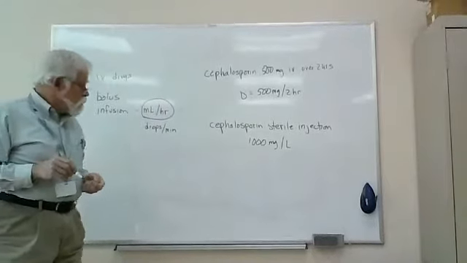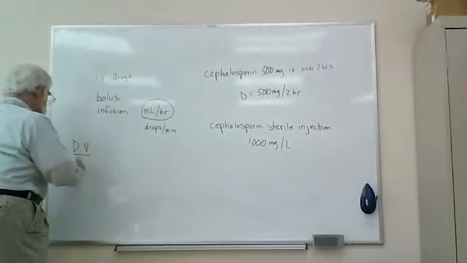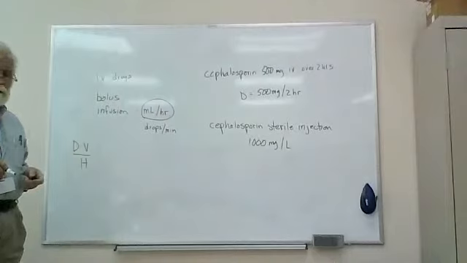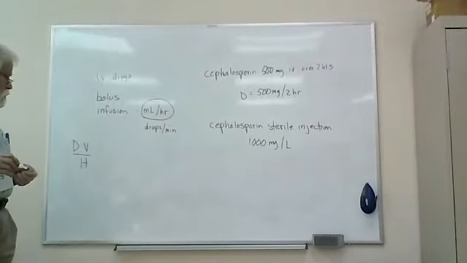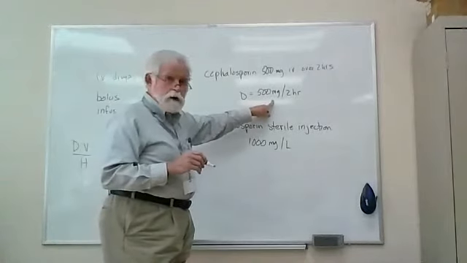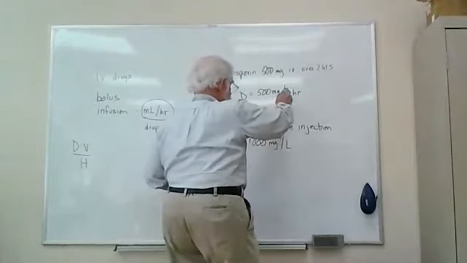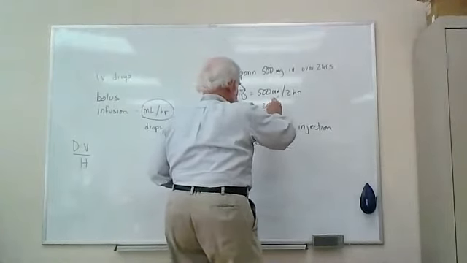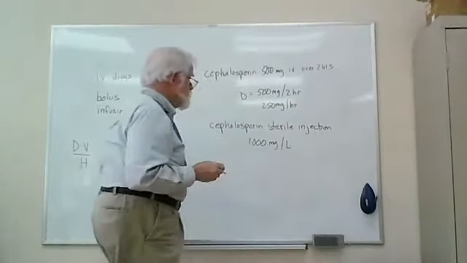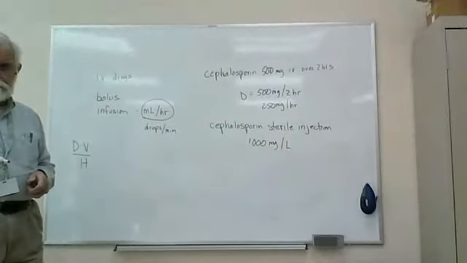Now, we can use dV over H to solve this. D is 500 milligrams in 2 hours. Let's change that now by dividing by 2 to 250 milligrams per hour. Okay.